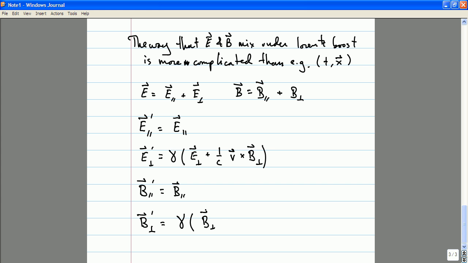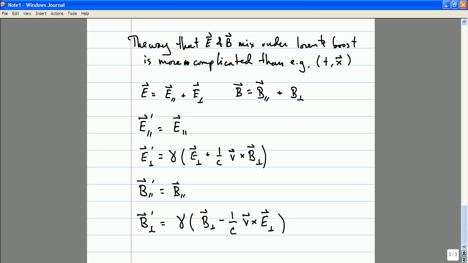I don't want you to try and memorize or think too hard about these transformation rules, but I just want you to notice that the formulas for E perp and B perp, the second and the fourth formulas that I have written down here, look very similar in character to the Lorentz transformation rules that we've seen so far in this course.